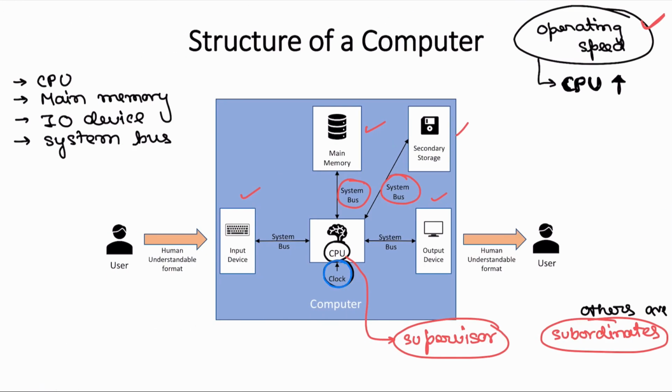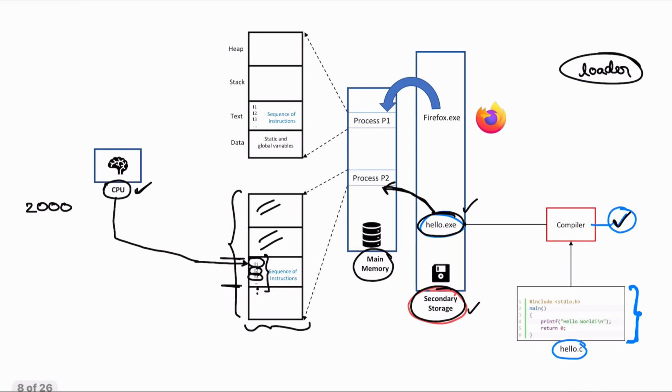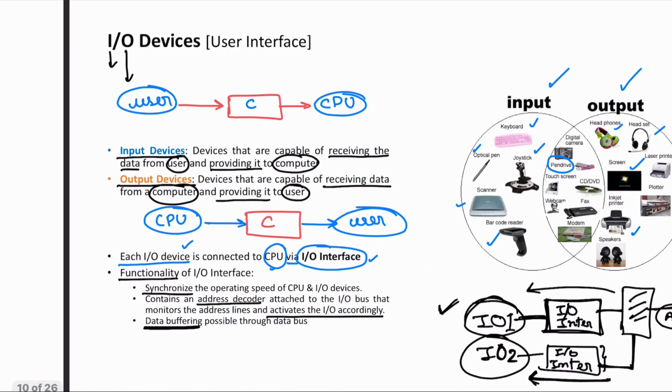I discussed four major components there, but I didn't discuss the clock. But I told you that there is one thing called operating speed, right? I was discussing operating speed there, but I told you to wait. We will be discussing the operating speed in a while. Now let's discuss operating speed.